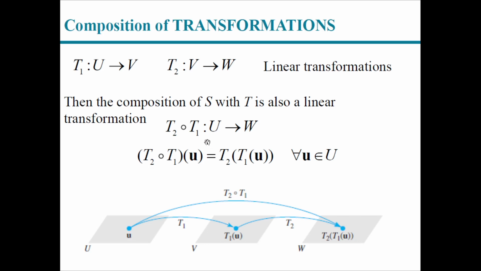So be careful, here we apply first T1 to the input from U, and then to this result we apply T2. Okay, so that's what is described here. So what we need is to find what is this composed linear transformation.